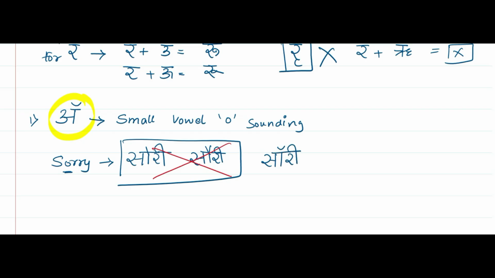This is nothing but to make English pronunciation that much more efficient in Hindi as well. That's why we have introduced a new vowel called small vowel O sounding. So sorry. Okay. So if I say surplus, you can hear the difference. It's an English one. So this one is the new one.